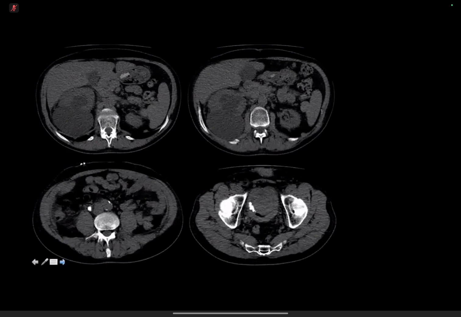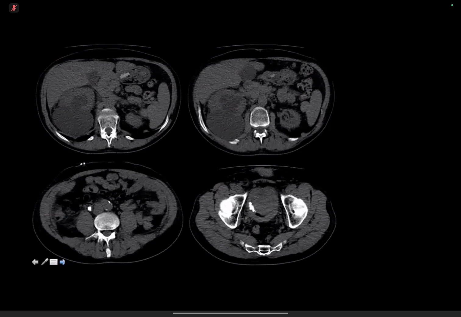Then I've got images of the lower pelvis in which I can see density in what I take to be the ureter on the right, because it's lateral to the IVC, and also adjacent to the lateral margin of the urinary bladder on the right, I can see slightly lobulated density.